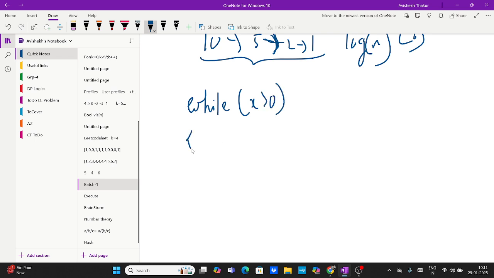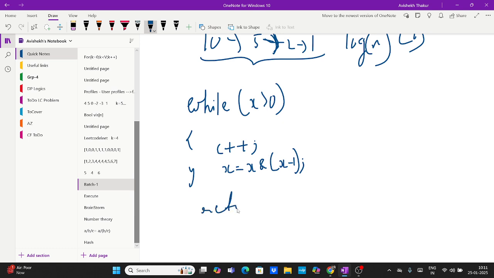While x is greater than 0, you do c plus plus, that is count plus plus, and write x equals x and x minus 1. That's all. Finally, if you return c, it is your answer. I'll explain why this works, but this is very short code, so you can remember it.